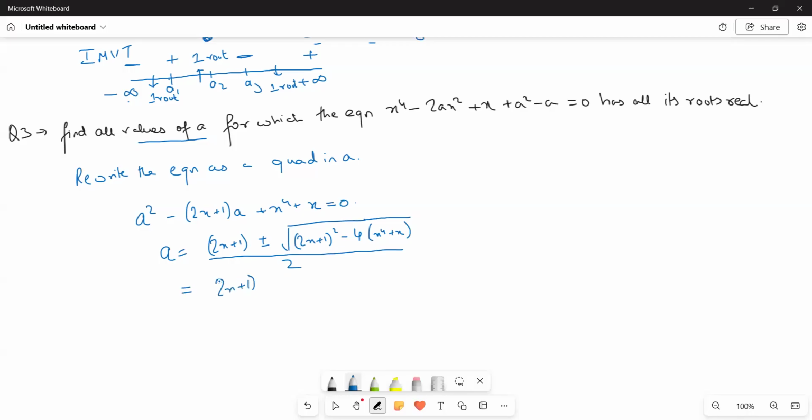So this would be 2x plus 1 plus minus root over of ये हो गया 4x square plus 4x plus 1 minus 4x power 4 minus 4x. तो 4x तो कैंसिल हो गया. Whole divided by 2.